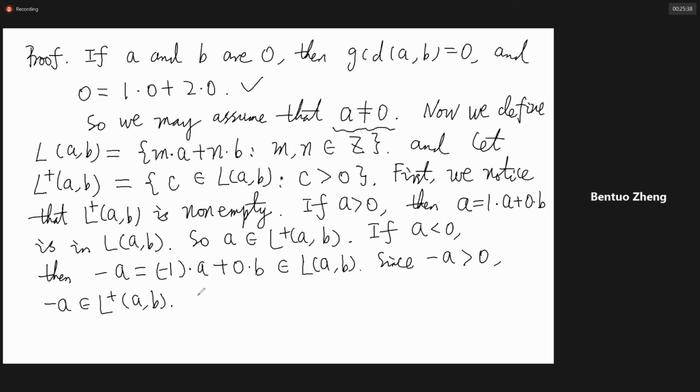This shows that L plus of AB is non-empty.